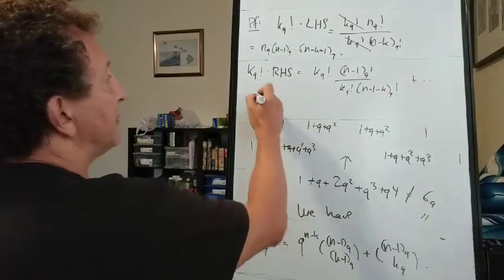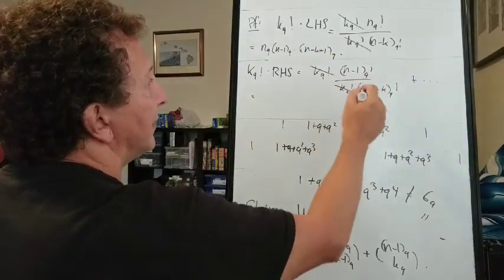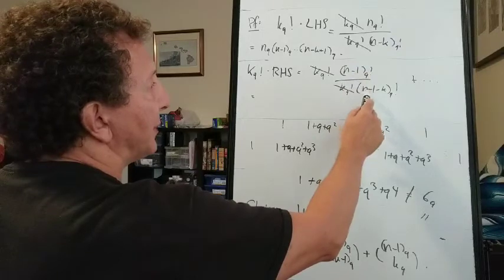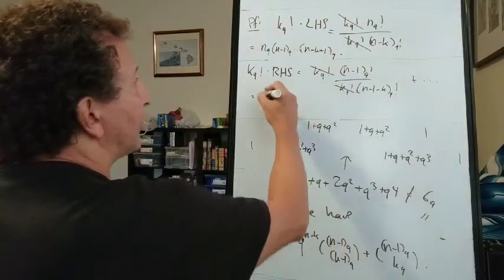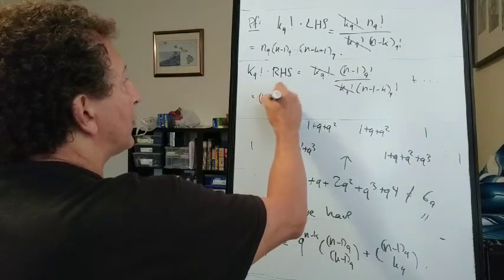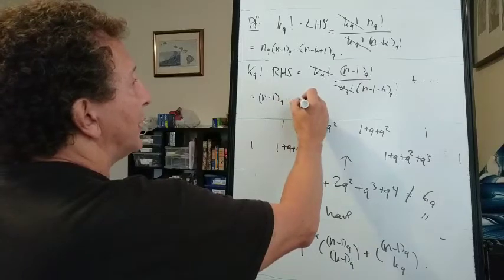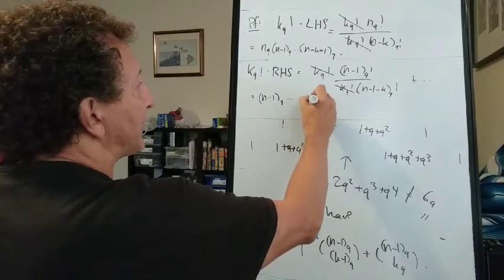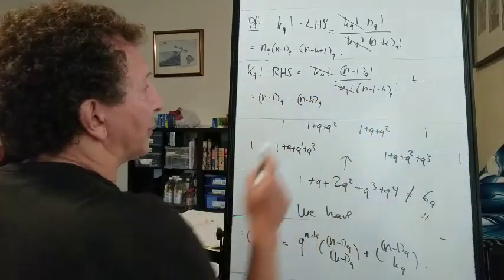So this part is going to be, these cancel, and then again quantum n minus 1 minus k factorial is going to cancel lots of the factors here, and we're going to get quantum n minus 1 all the way down to quantum n minus k. That's the last factor on top that doesn't cancel with what's on the bottom here.